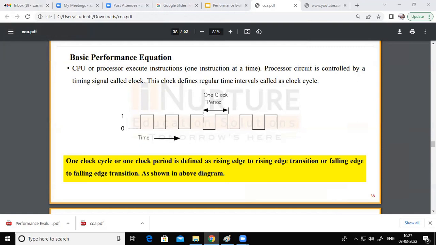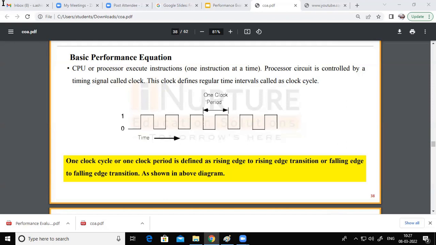This is a very common graph that we used in digital electronics. You can see I have only two values, either 0 or 1. I am talking about a binary system here. We know that my computer can only understand in terms of 0 and 1. When we are trying to execute an instruction, we are doing one instruction at a time.